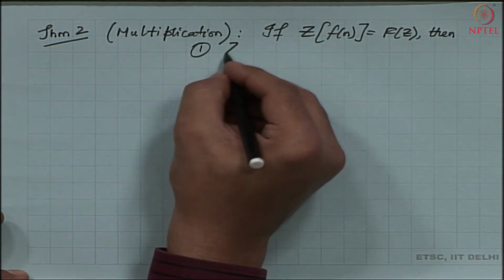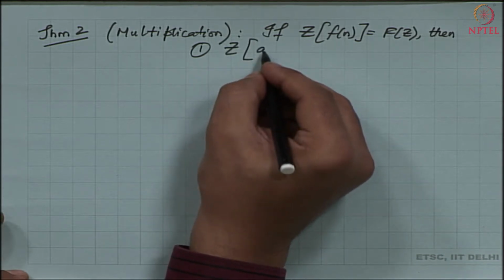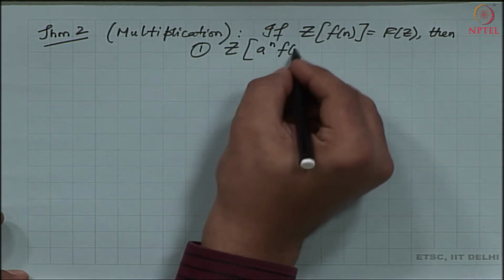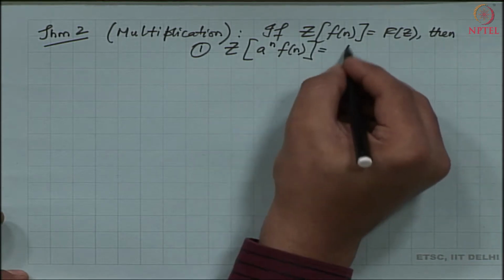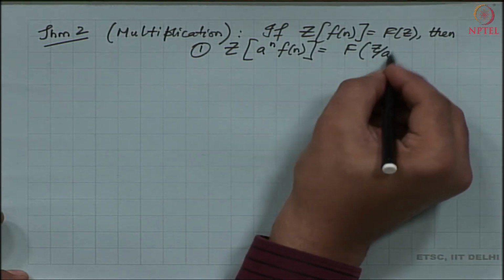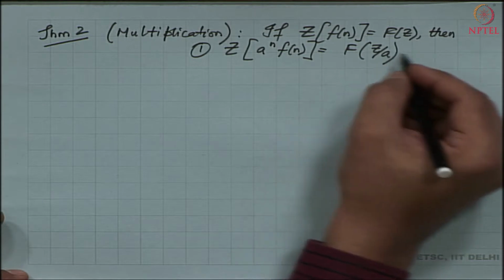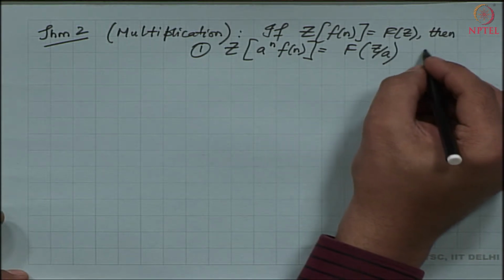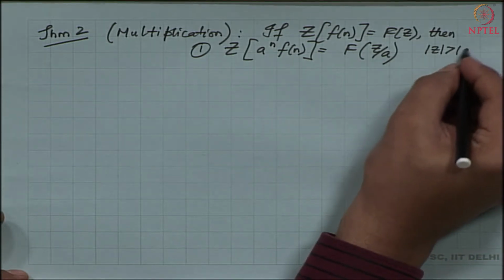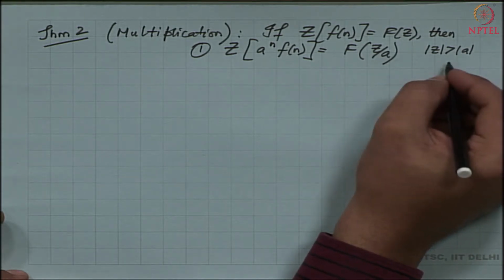I have the fact that the Z transform of a to the power n f of n is F of z by a, and of course, I need to specify that the Z transform is defined in an appropriate region.